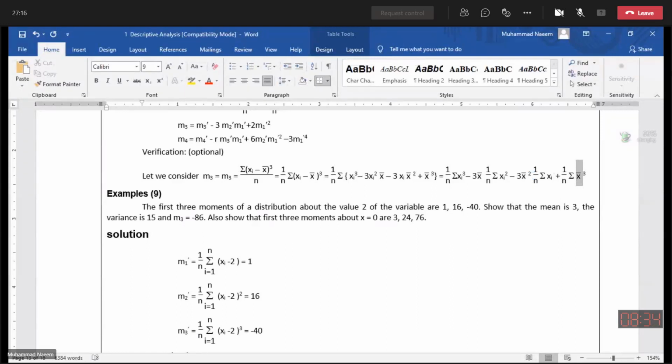And we know when a constant is added, it becomes n times. And dividing by n, only we have x bar cube at the end. If we look at these terms, this first expression is, by definition, the third moment about origin, denoted by M3 bar.